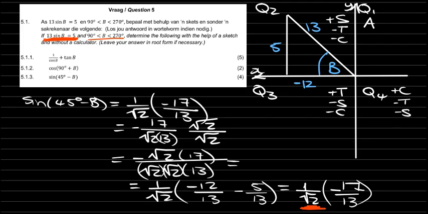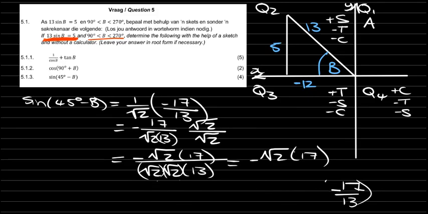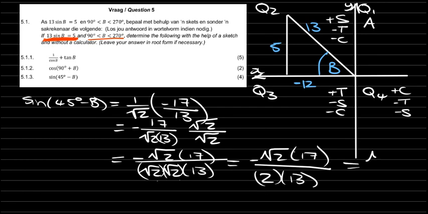This equals minus root 2 times 17, all over 2 times 13, which equals minus root 2 multiplied by 17 over 26. And that right there is our final answer.